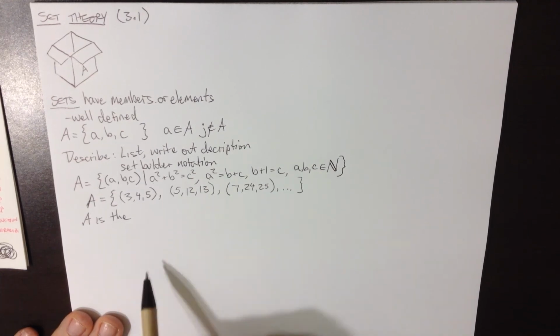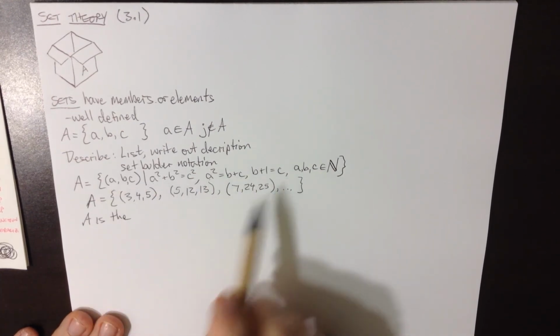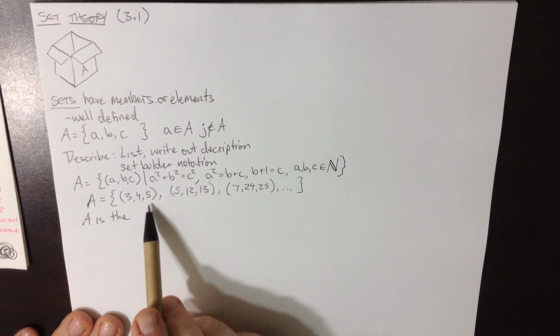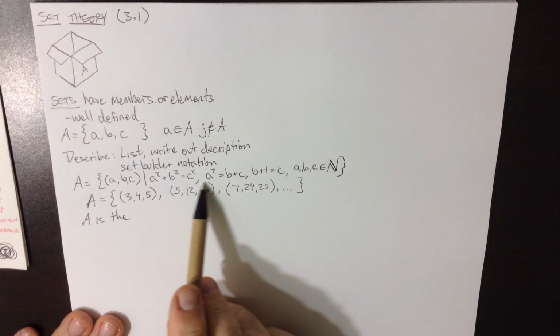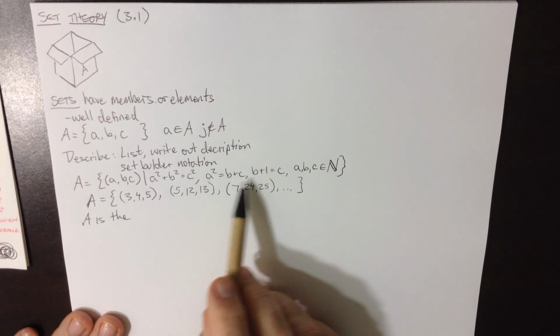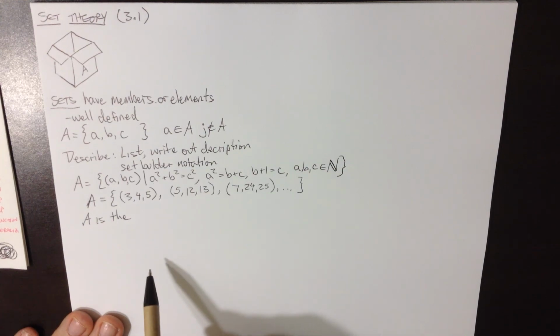Now, that takes a lot of words to say that. So you can see that set builder notation or the list method are certainly more efficient. But done well and done correctly, the set builder notation spells everything out, and then from that you can create your list.